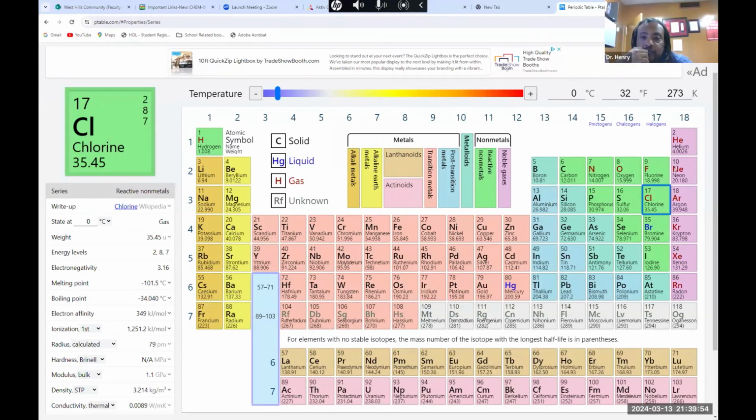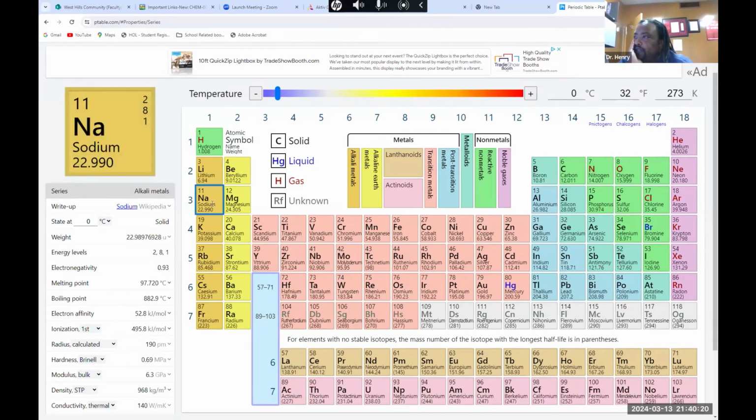So you could lose 7 or gain 1, right? It's easier for you to get that 1. So it's going to try to use the least amount of energy, and that's always going to be the case. Any questions? No questions? Good.